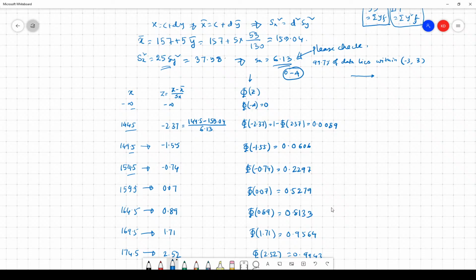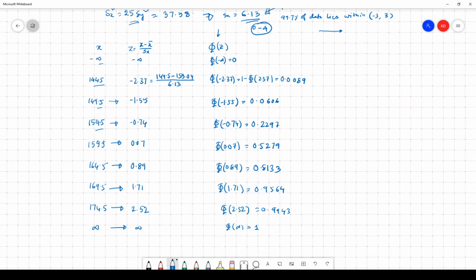For this reason, we compute delta phi z. This is an operator, meaning the difference between two consecutive values, larger minus smaller.